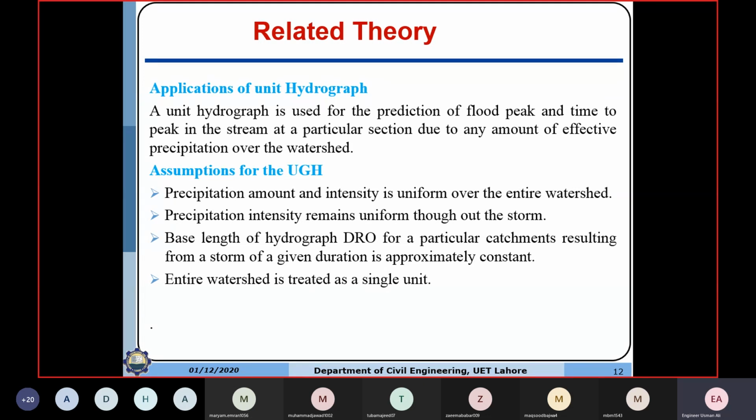So this is one major use of the unit hydrograph. It is used to find the design discharge and is used to generate the hydrograph of any effective precipitation other than the unit effective precipitation.